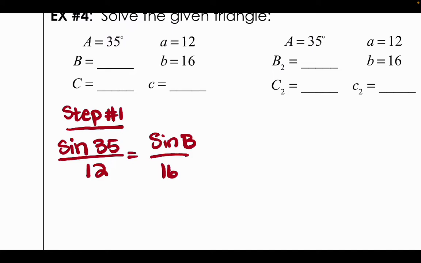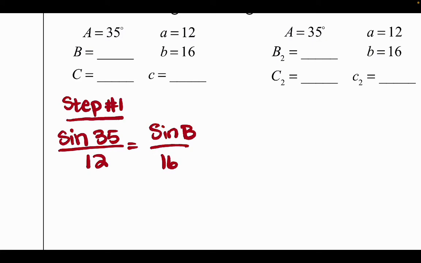So Ari, did you crunch the numbers? Were you able to get angle B? No, not yet. Okay. Ben, how about you? Yeah, I got 49.9. Okay.